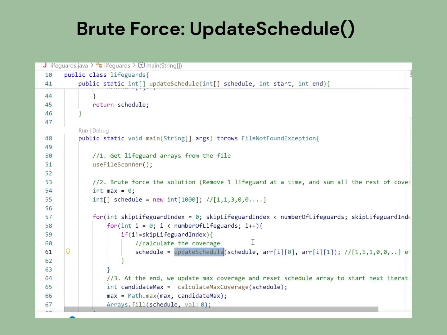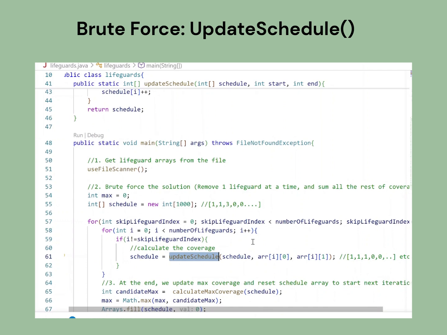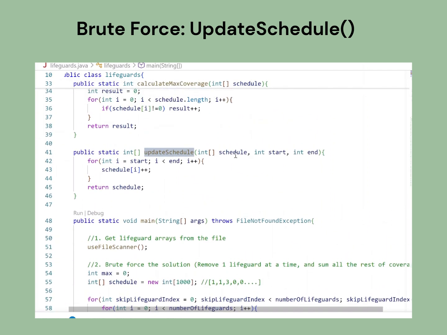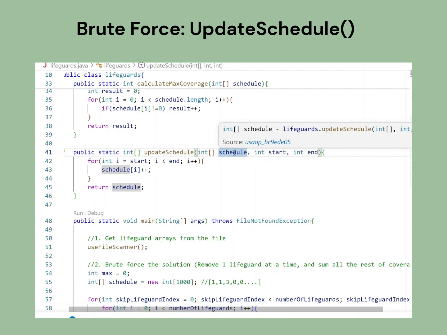Update schedule method takes three parameters: schedule array to update, start time, and end time. What we do is simple. We just increment the values between start and end time in schedule array and return.